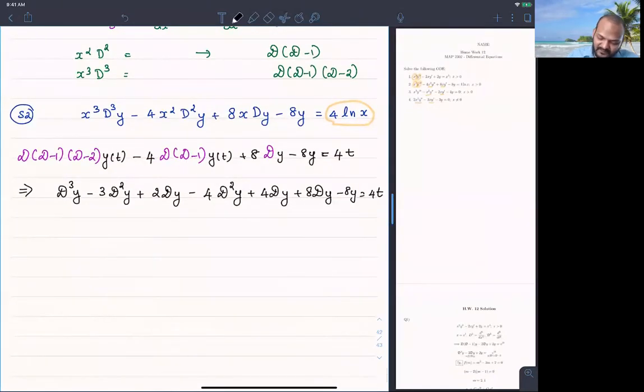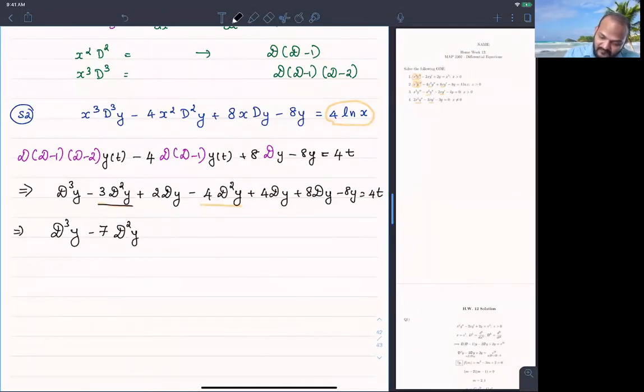So now if I simplify this further, I am going to have d cubed y, and I have 3d squared and 4d squared, so that's going to be negative 7d squared y.